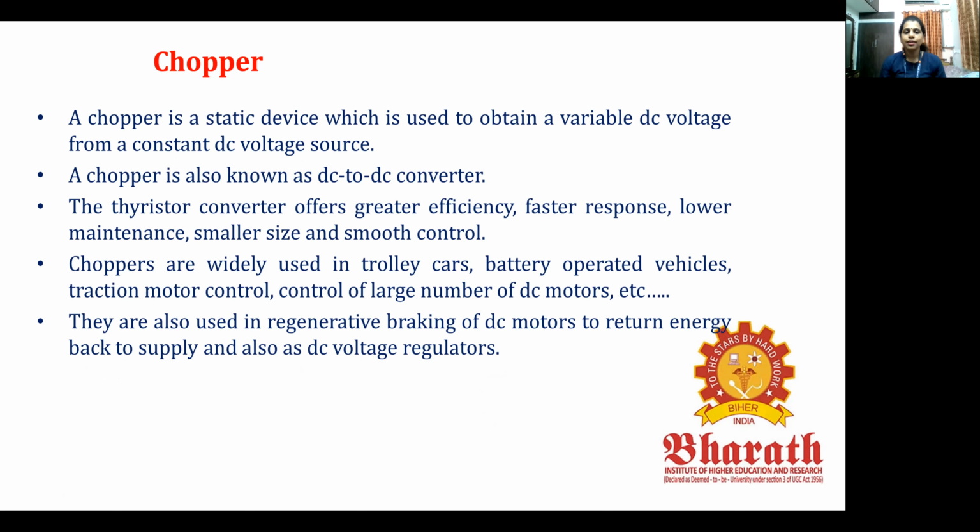Chopper is a static device which is used to obtain a variable DC voltage from a constant source. The input will be a constant voltage and we get an output that is a variable voltage. Depending upon the requirement, you can increase or decrease the voltage level. The input and output are both DC, but it steps up or steps down.